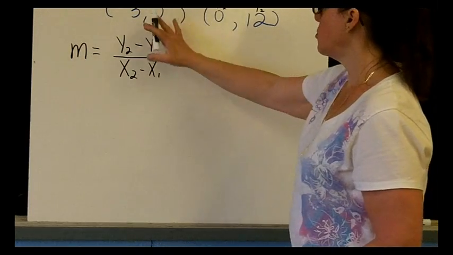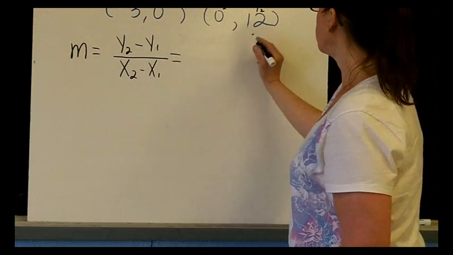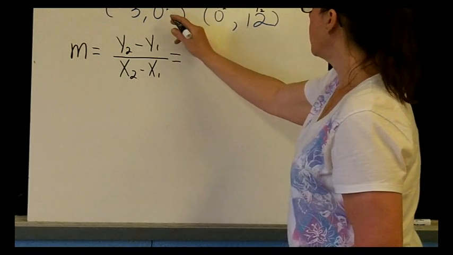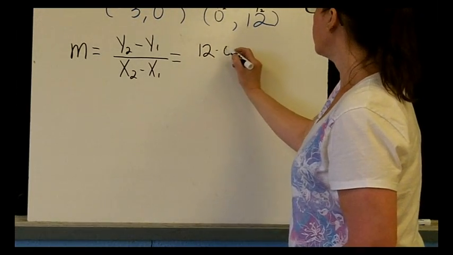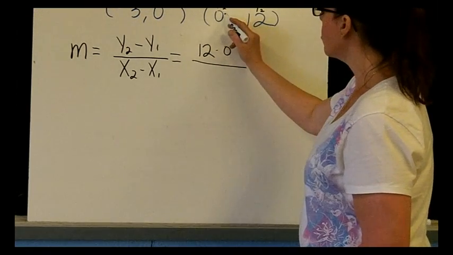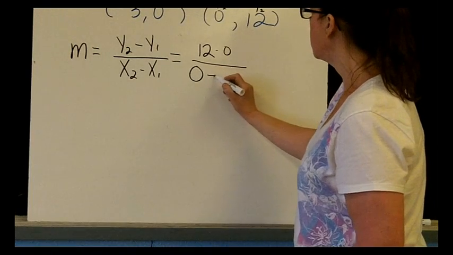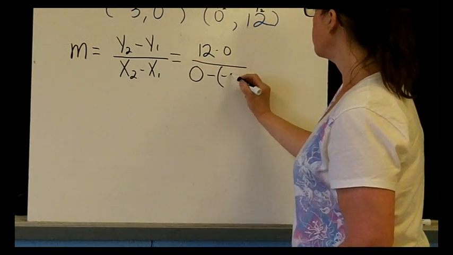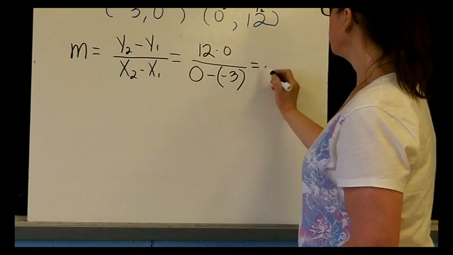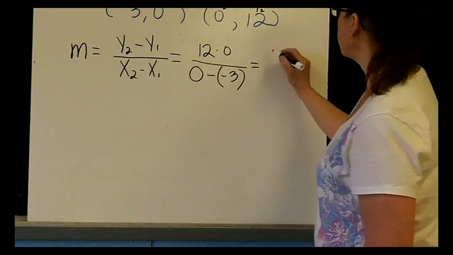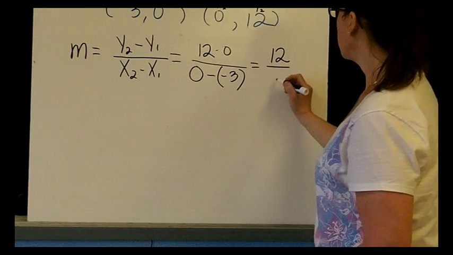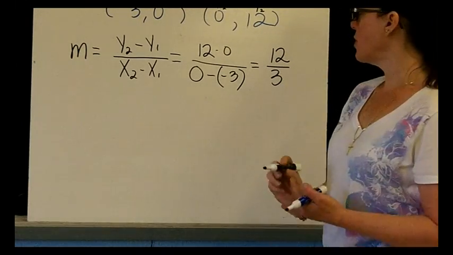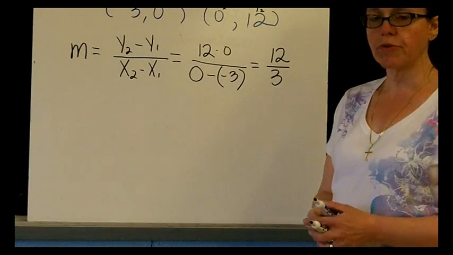And now we substitute. Our y2 is 12. Our y1 is 0. Our x2 is 0. And we're subtracting from that our x1, which is a negative 3. Now we simplify. 12 over positive 3, positive 12 over positive 3.